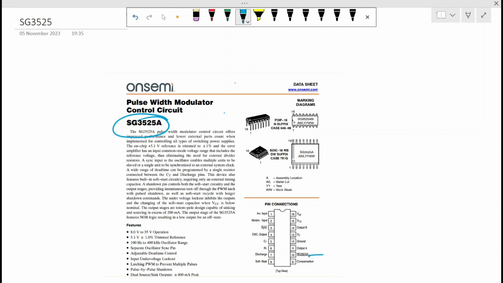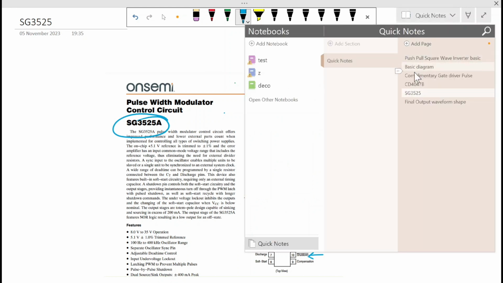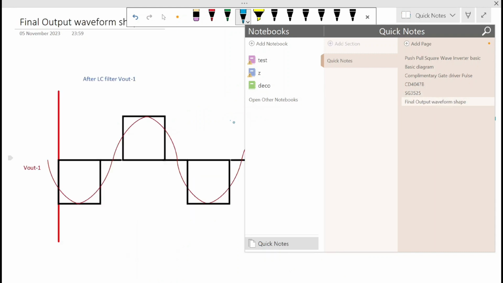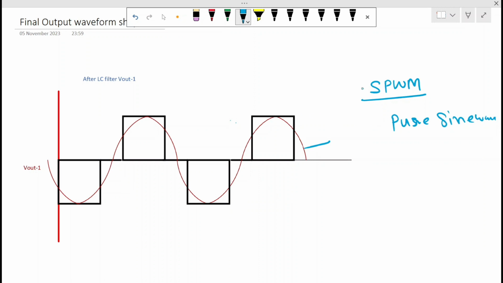If you want any protection, you can give the command here, and then the output will turn off and the system will stop. If you want to incorporate overload protection or over voltage protection, we can incorporate them with the help of these things. These are very important. These details we will discuss later. So in this manner we can generate the output from the square wave inverter.